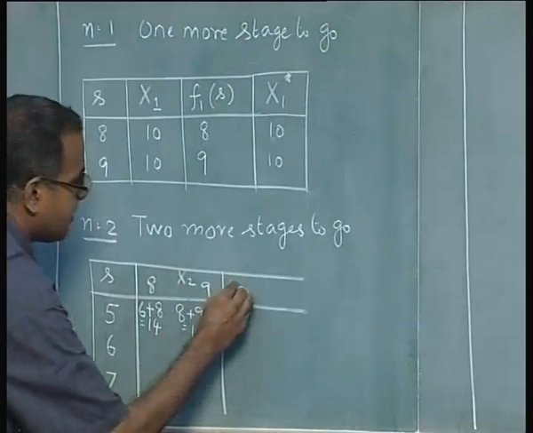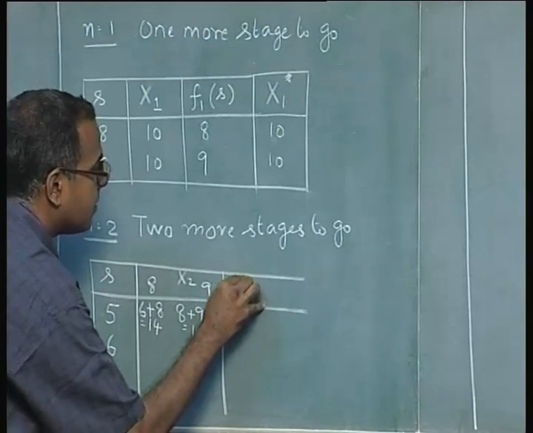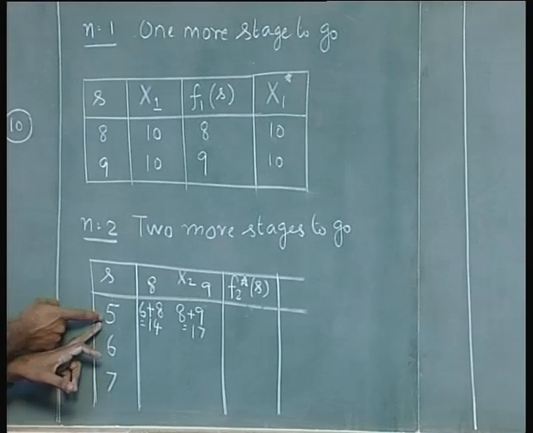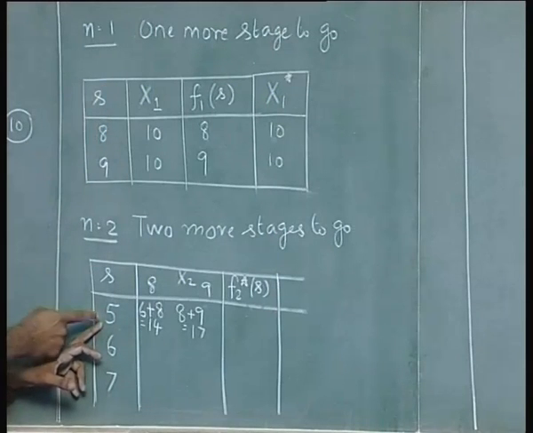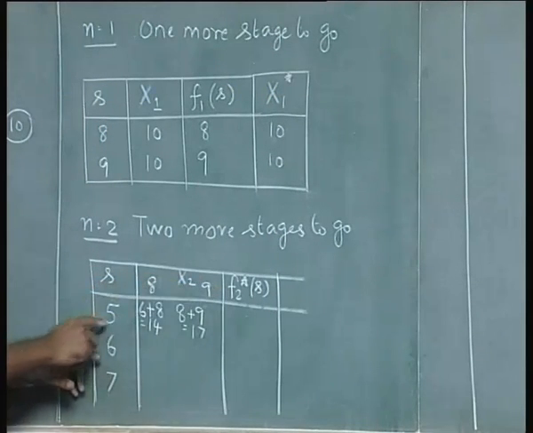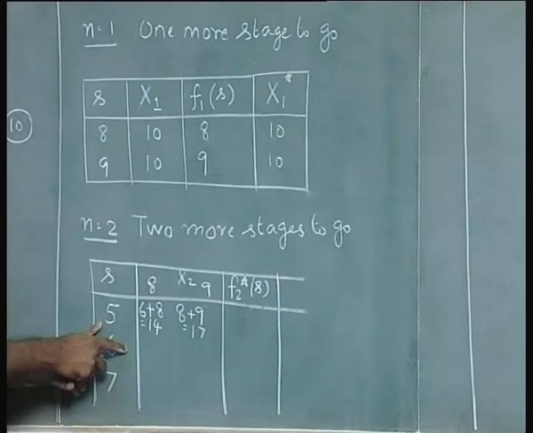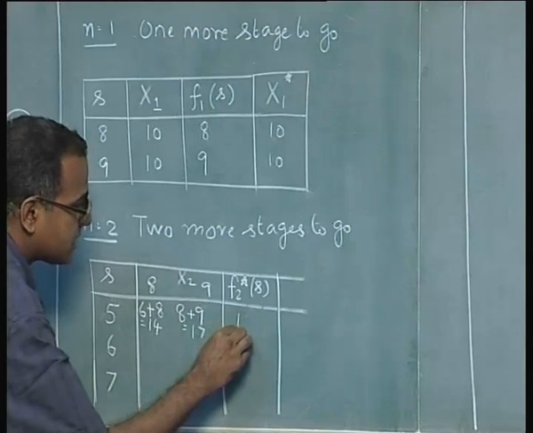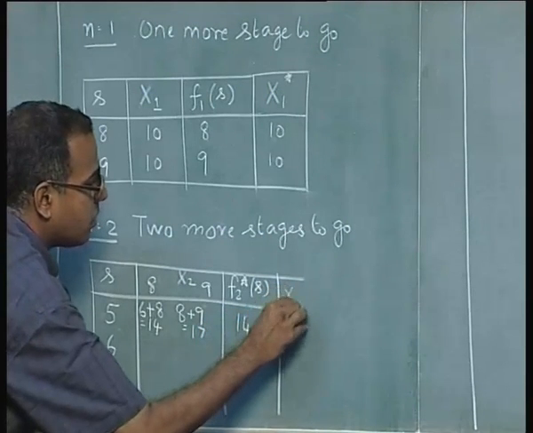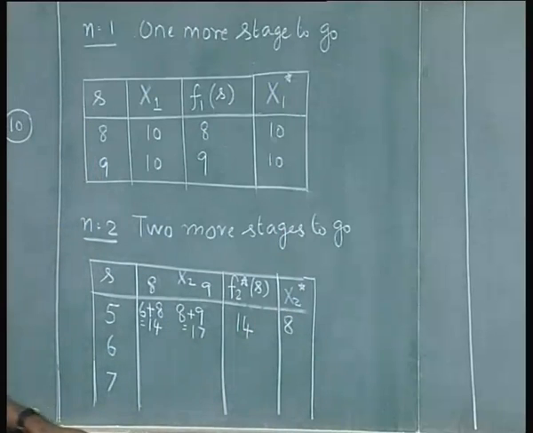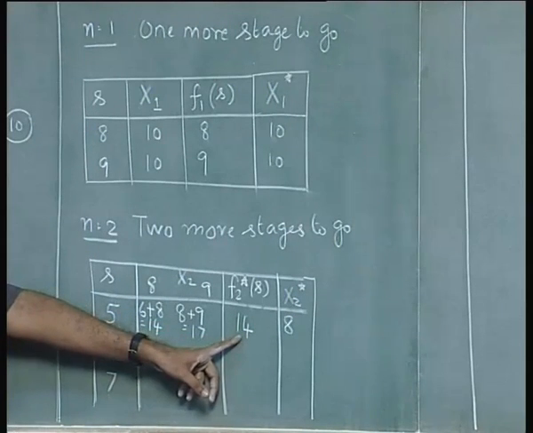Now, the state variable is at 5, the person is at 5, and in order to go from 5 to the destination, the person either goes through 8 or 9, and the total distance travelled from 5 to destination is already seen here. So the best thing the person would do is to travel a distance of 14 and go via 8, because this is the minimum distance.